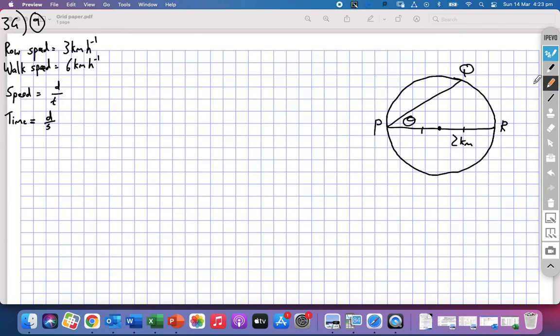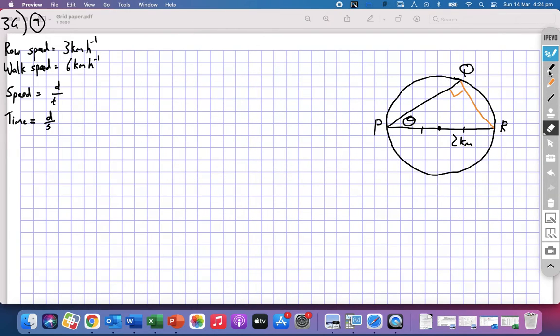Now, if you've done circle geometry before, this will be fairly straightforward. If you drew in a line there, you would know that this is at a perpendicular. If you've got a diameter of a circle, choose any point, so I'll choose a different point. You go from the ends of your diameter to some point on the edge of the circle, you always get a right angle. Okay.